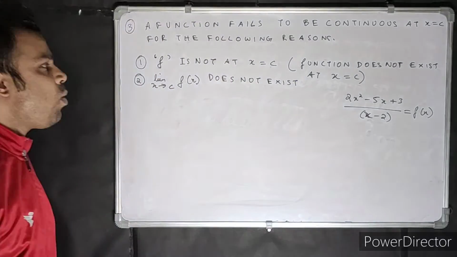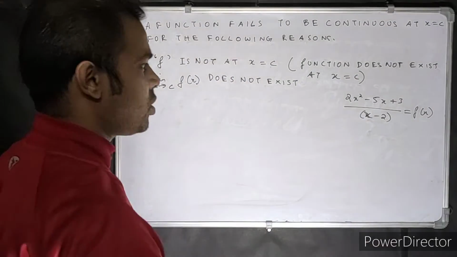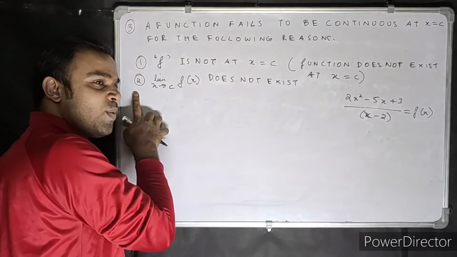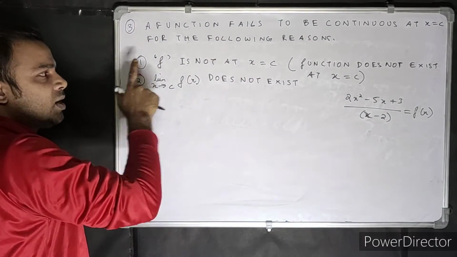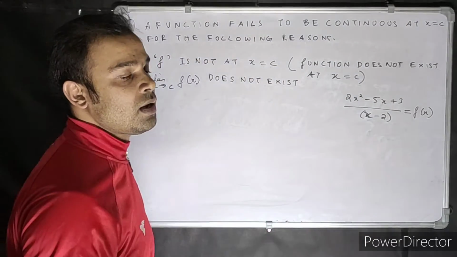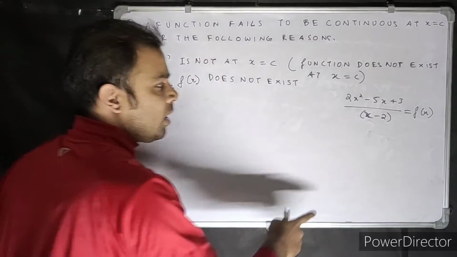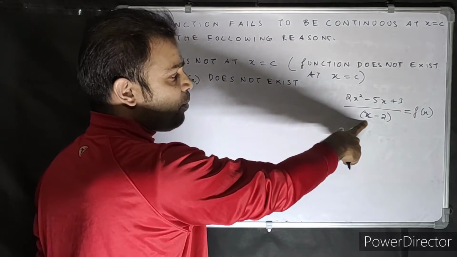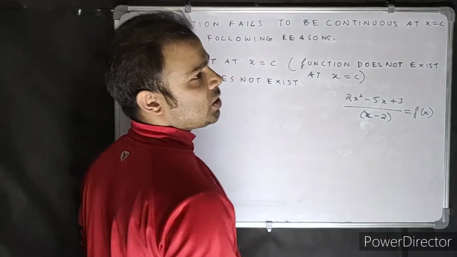So if you get any one of these, you can say the function is not continuous. It doesn't matter that you got the first one, you have to check the second one. Not like that. As you get the first one does not exist, the function is not continuous at that point, only at that point. If you put 3 over here, the function is continuous. Only when you put 2, the function is discontinuous.